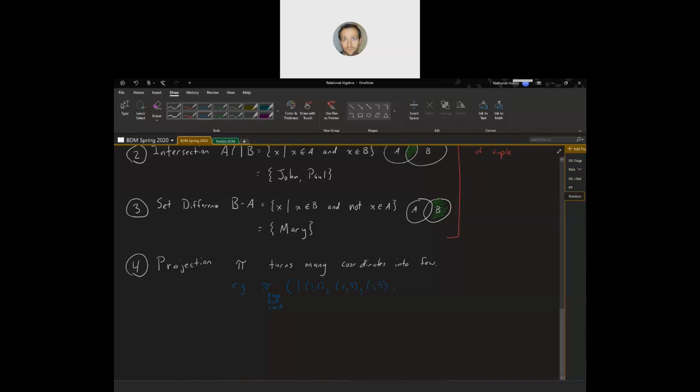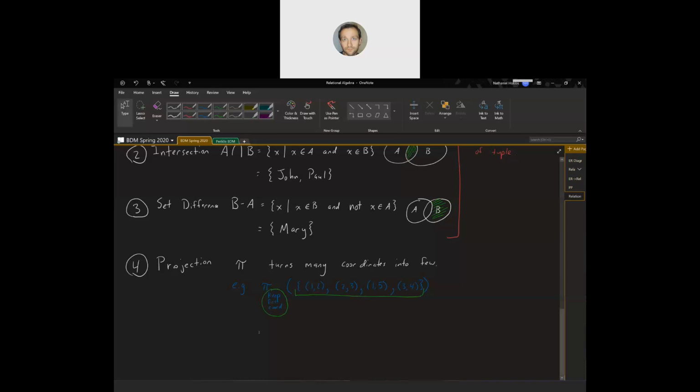And next is 3, 4. So there's a couple things to notice. First, the projection here has a name.